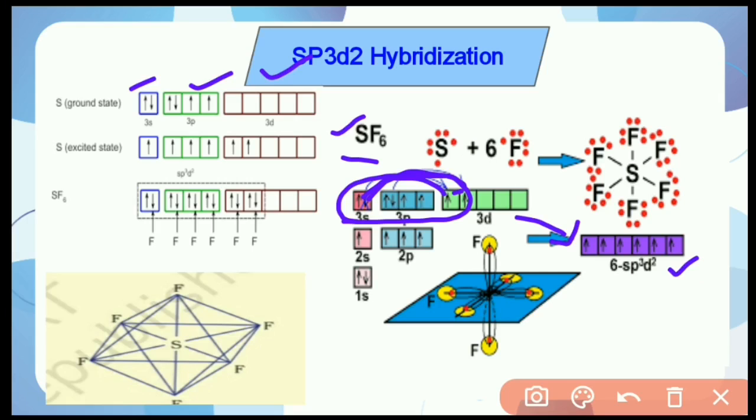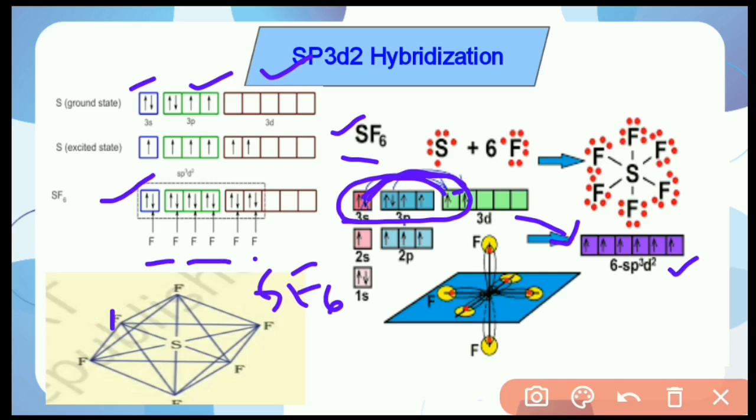6 sp3d2 hybrid orbitals are made, and these 6 hybrid orbitals bond with fluorine atoms and make the SF6 molecule, and this molecule is arranged octahedrally in space. This is the structure of SF6.